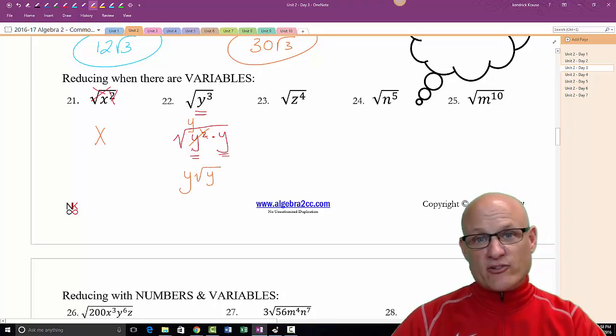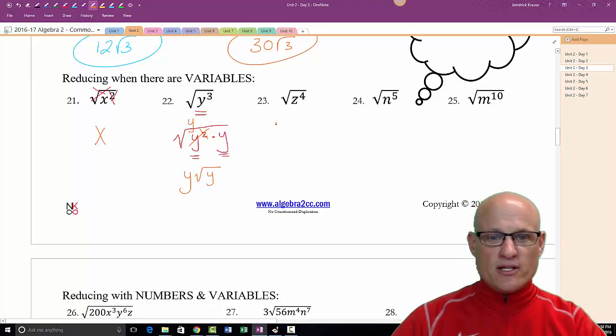So when we're talking about square roots, we're looking for groups of 2. Normally I won't do this, but I'll show you. This is really z squared times z squared. Well, what's the square root of z squared? Oh, that's just z. So what I have here is z times z, which is z squared.